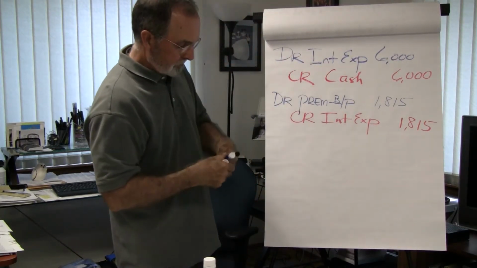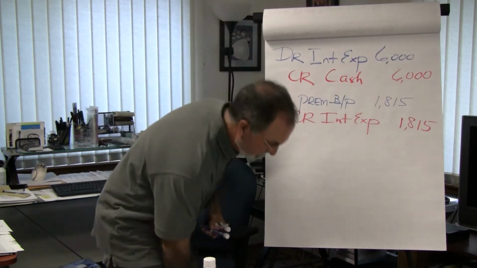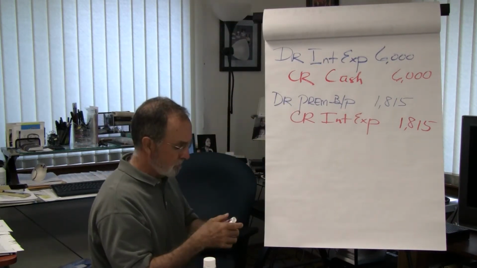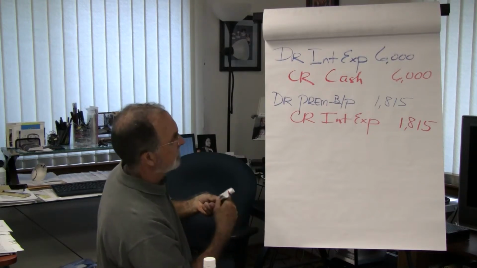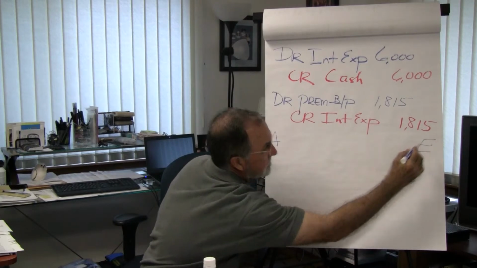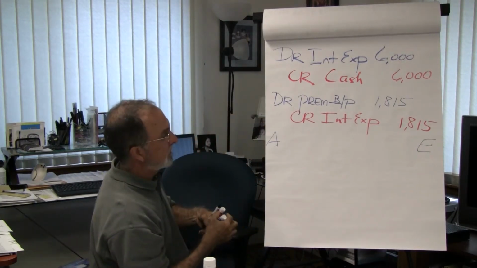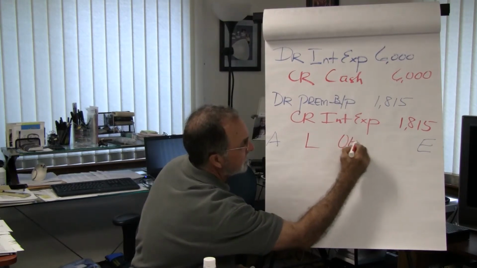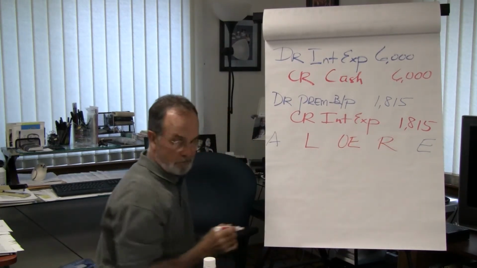And so if we were to look at these accounts in the accounting equation format, what would it look like? We have assets and expenses over on each end, and then we have liabilities, owner's equity, and revenues in the middle.